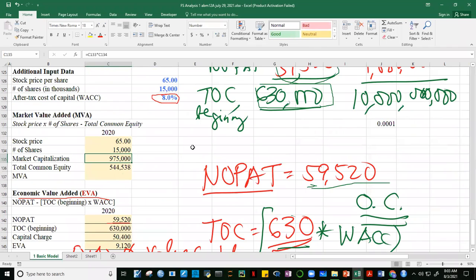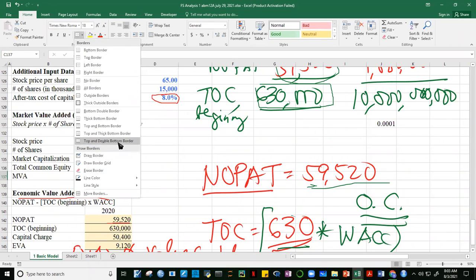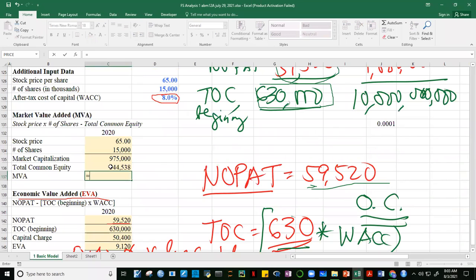Magkano yung nasa books? 544. Therefore, okay, we have this market value added. So it's a difference between the market capitalization and the book value of the equity. Okay, so what's value created also? Yes, 430,462.